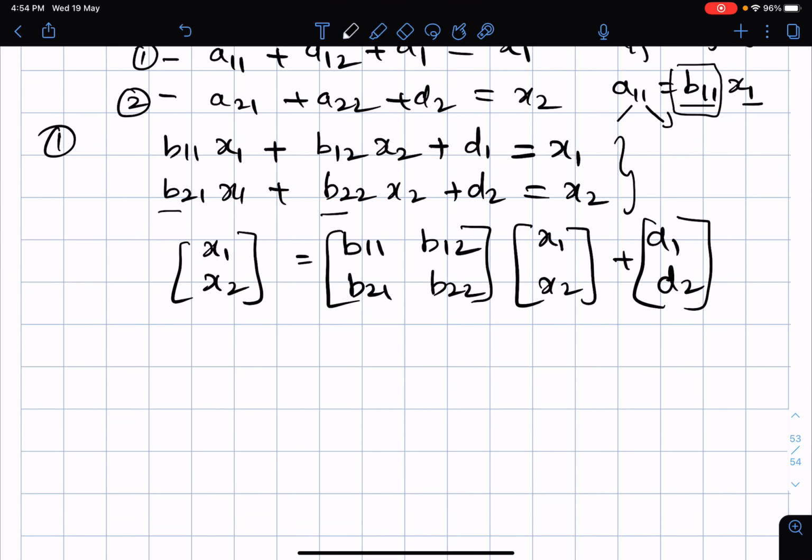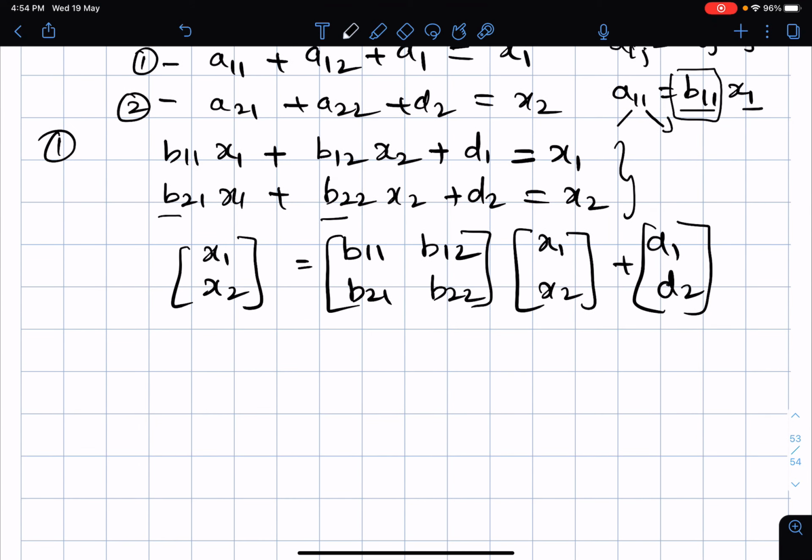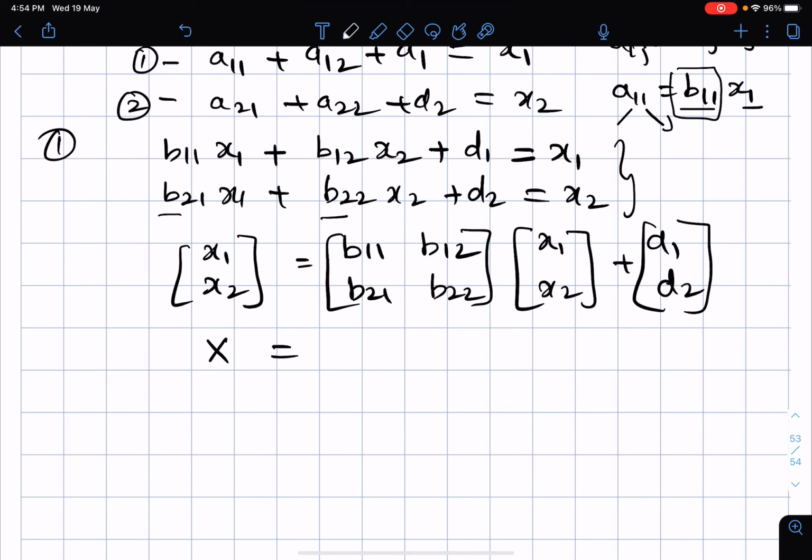Now actually how we can write this one as, this is going to be our x and this is going to be our bx plus demand is d. So when you bring this bx this side, this is going to be x minus bx is equal to d, and when you take x common, the remainder will become as I, isn't it?